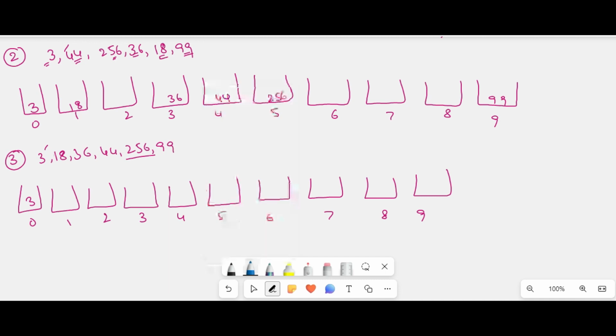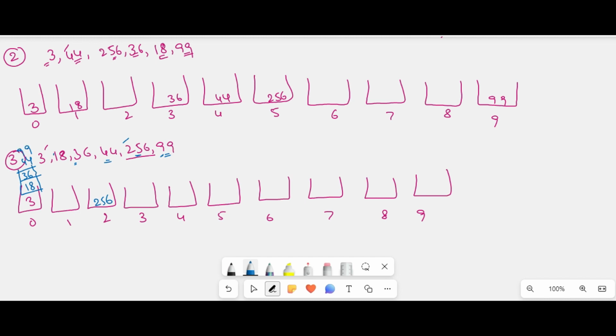Next 18, there is no hundreds place, that's why 0, in the 0th bucket. See 36, there is no hundreds place. 44, there is no hundreds place. 256 goes in the second bucket. Then 99, no hundreds place, so here it is 99.